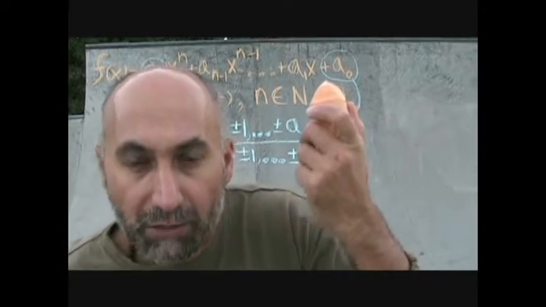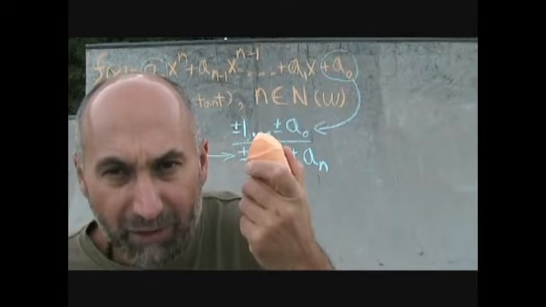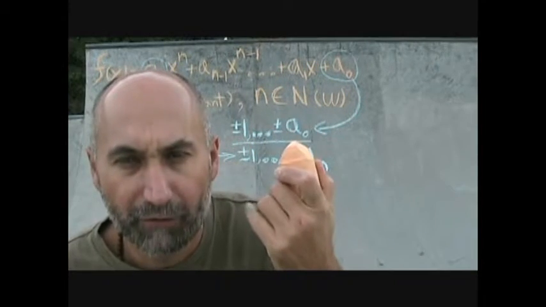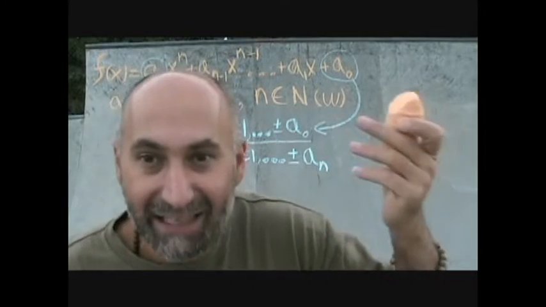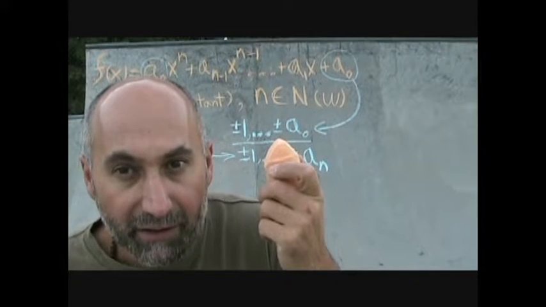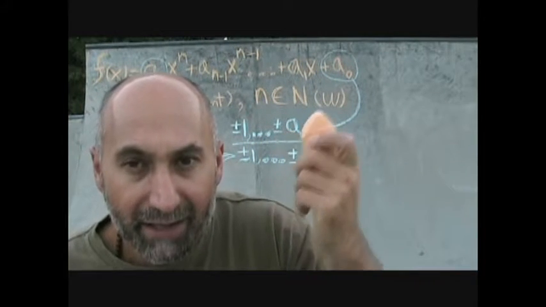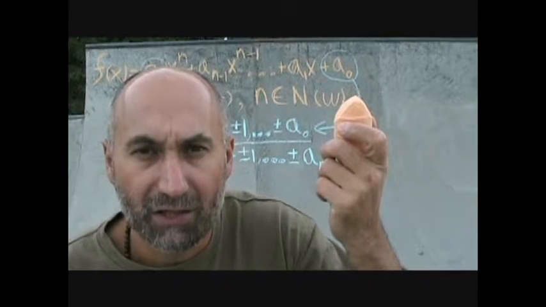So possible factors of a sub 0 start with plus or minus 1. You're always going to try plus or minus 1 first, because plus or minus 1 are possible factors of any number. Then whatever else there is, plus or minus the term itself, because the term itself is a possible factor of itself.